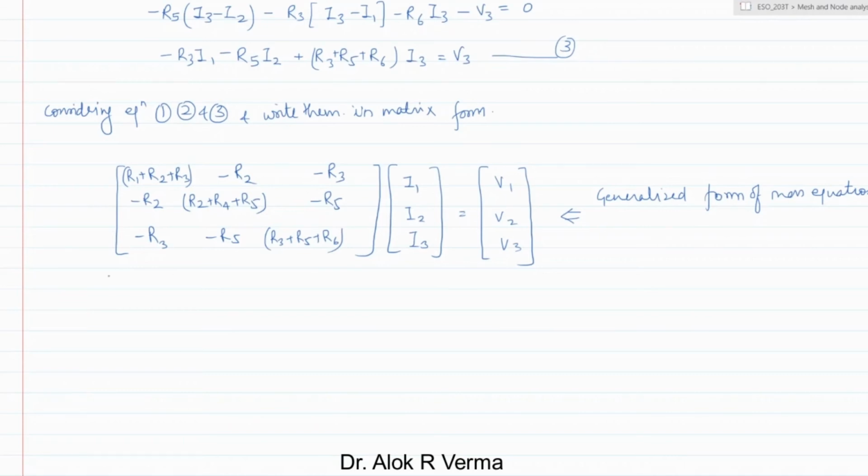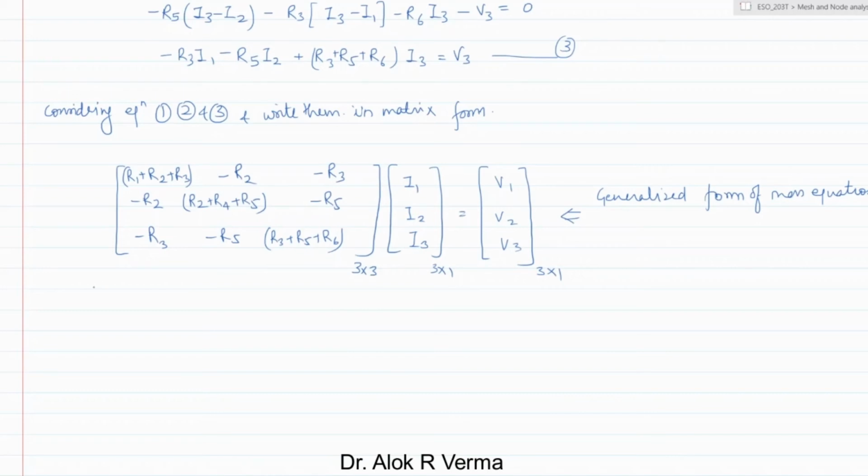Suppose this is the matrix form of Ohm's law. This is a matrix of 3 by 3, this is a matrix of 3 by 1, and this is a matrix of 3 by 1.